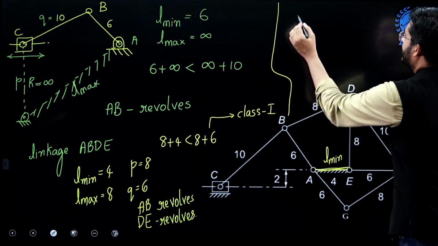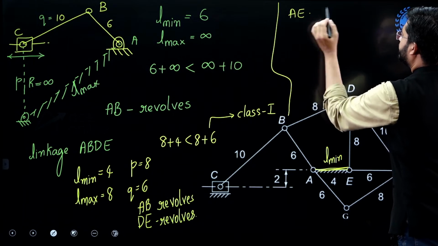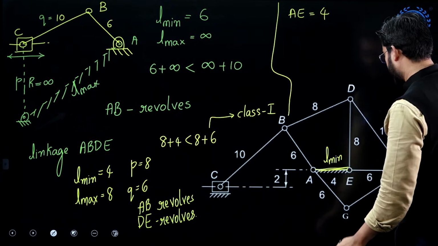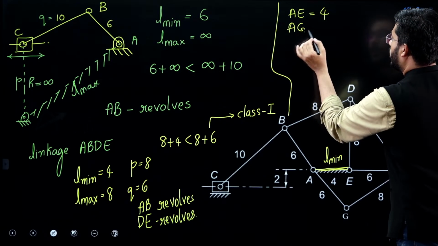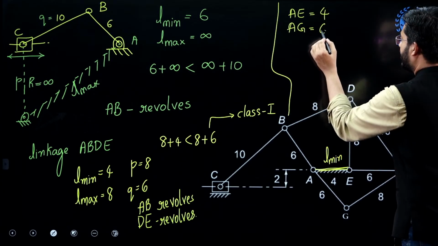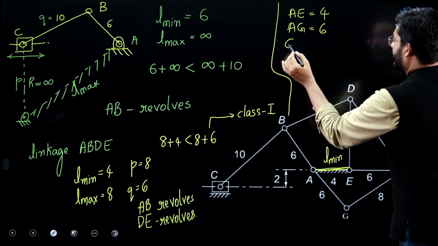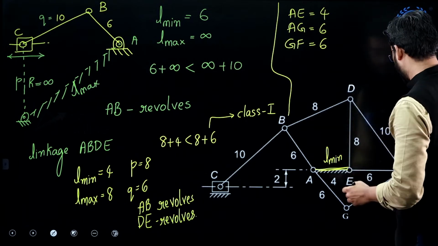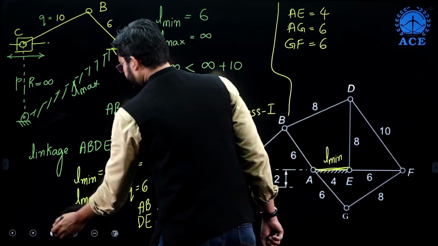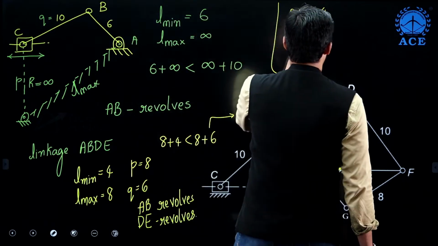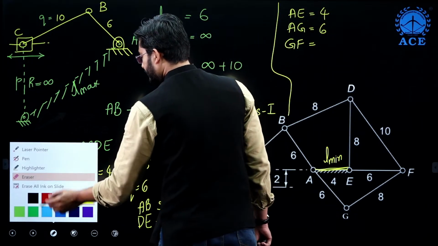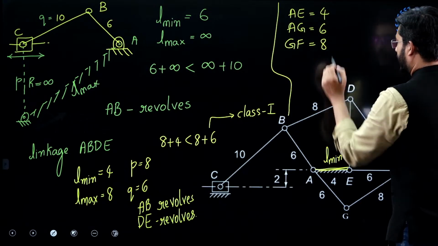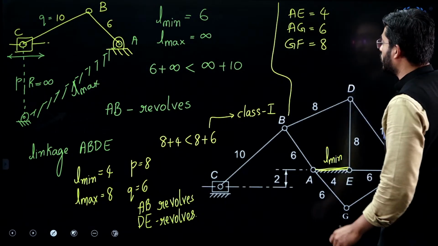Once again, AE is equal to 4 units, AG is equal to 6, GF is equal to 8 units and EF is equal to 6.